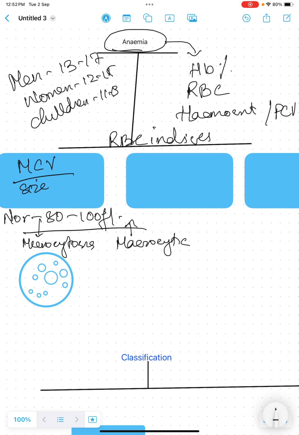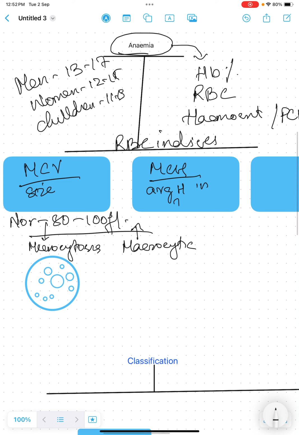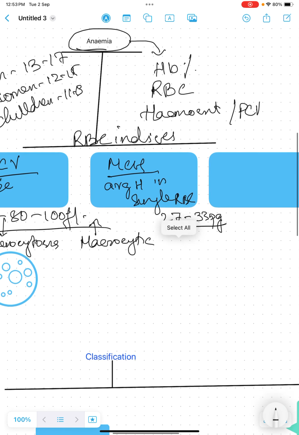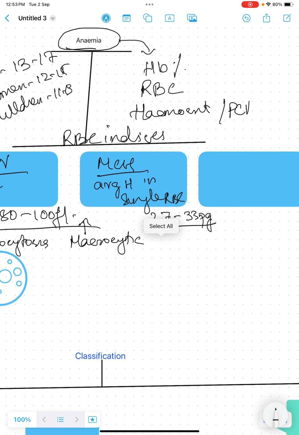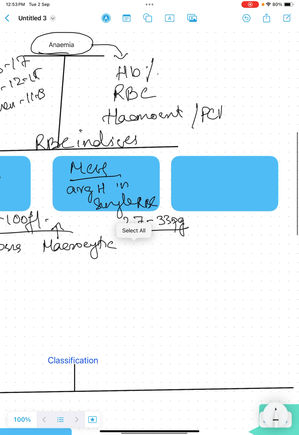Now coming to the second one, MCH. MCH means average hemoglobin in a single RBC. It is normally 27 to 33 pg. If it is less, it is a reduction in MCH, hypochromic, and if it is more, it becomes hyperchromic.